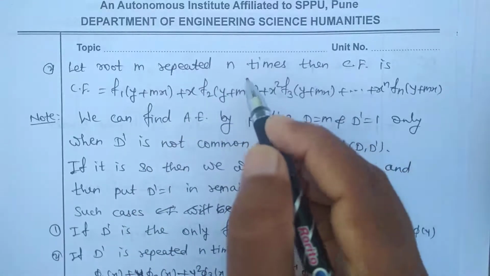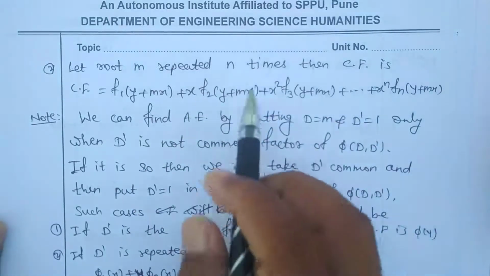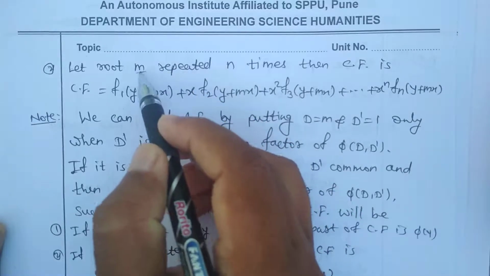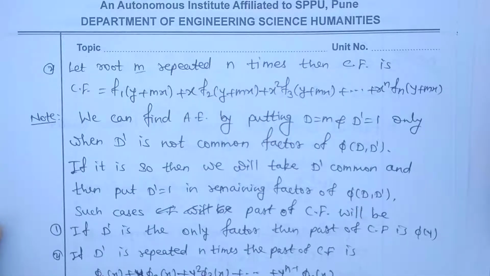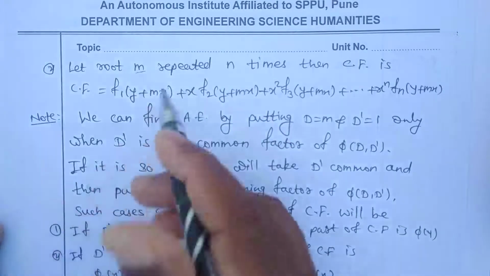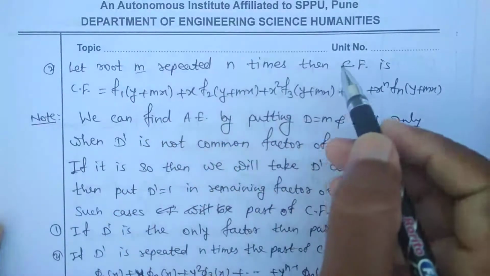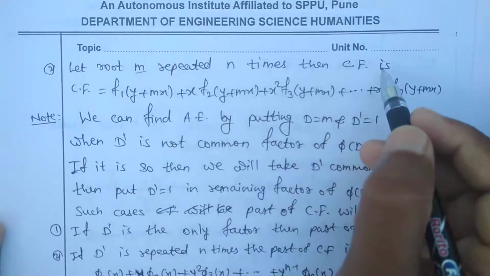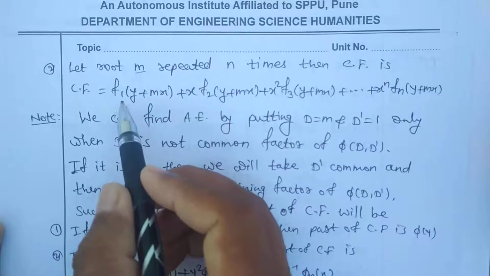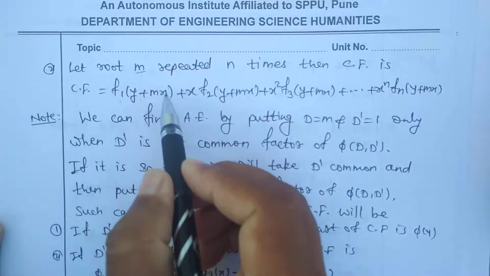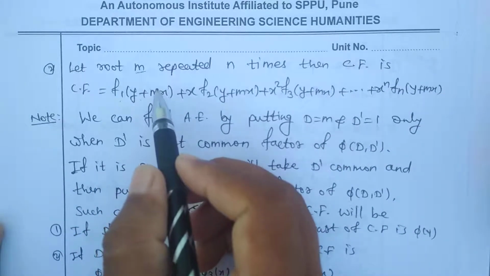That means in the nth order differential equation, all roots are equal and that root equals m. All roots are equal to m. So these roots are m repeated n times. Then the value of the complementary function CF is f1 of y plus mx, because all roots are equal to m.